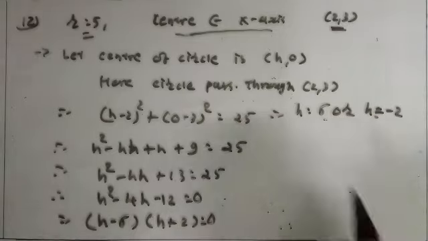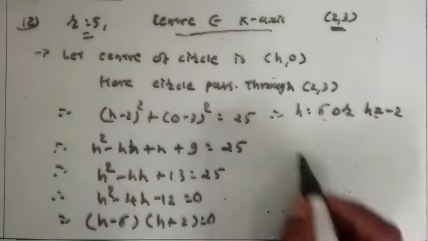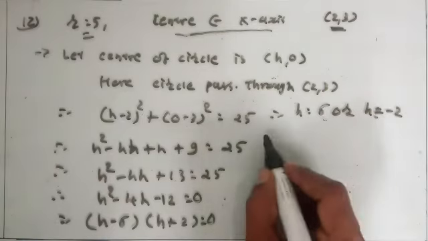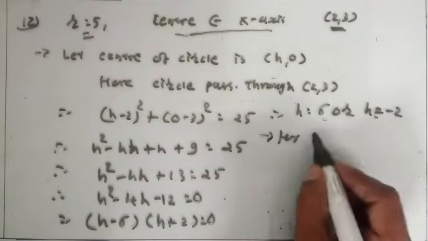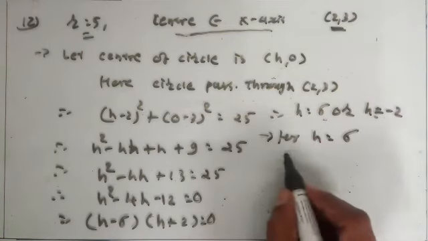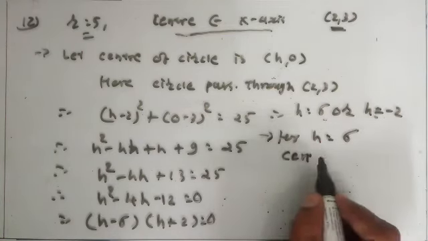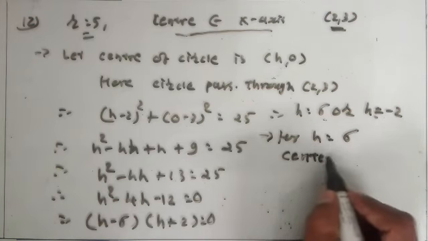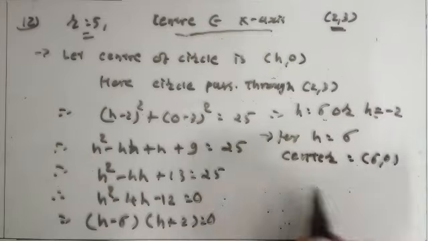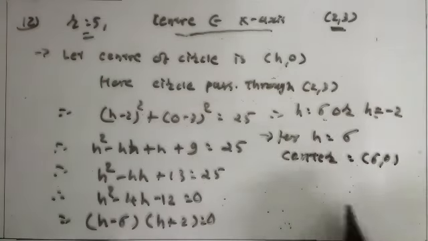Okay, so the center becomes (6, 0) or (minus 2, 0). For h is equal to 6, the center is equal to (6, 0), and the radius 5 is given.